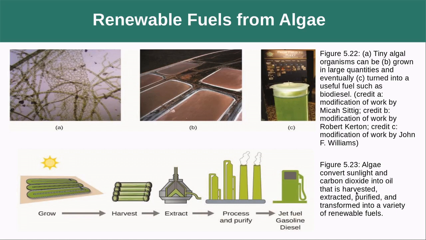So one thing that can be interesting is the idea of renewable fuels from algae. This is a little vignette that was in the book that I thought was quite interesting. Instead of burning fossil fuels, one thing that they can do now is actually genetically modify the algae, grow it in these large troughs, harvest it, then they centrifuge it to extract it out, and then they're able to process out high-grade fuels from it.